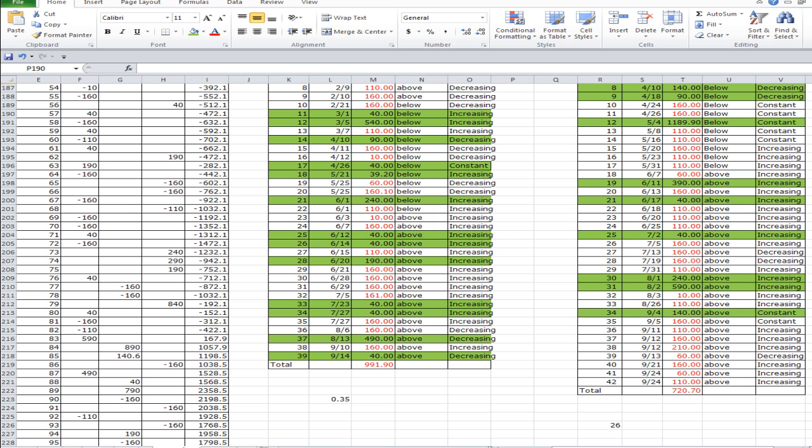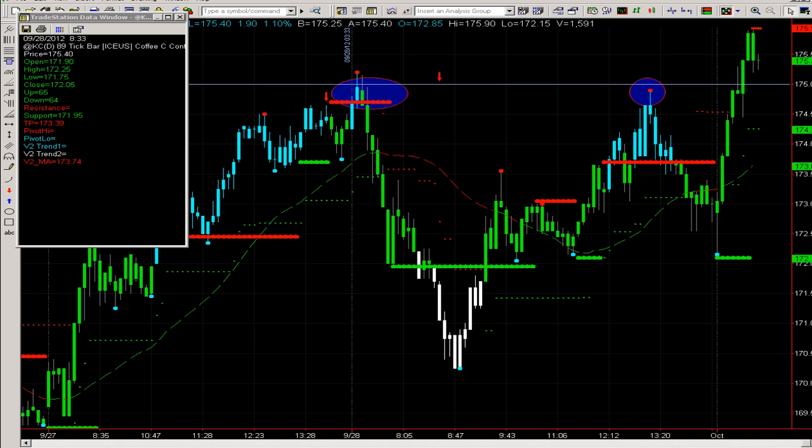So when we talk about, all right, I want to add this to my strategy, or add this to what I'm doing, I'll just minimize this down, and we'll go back to monitor 1. So back to our key level 175 on coffee.